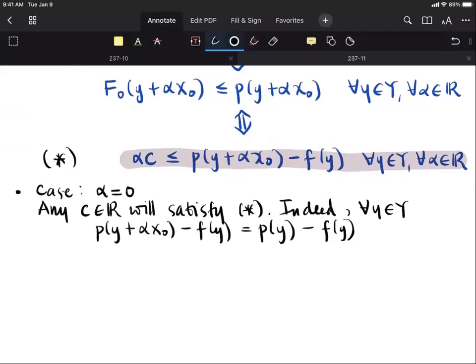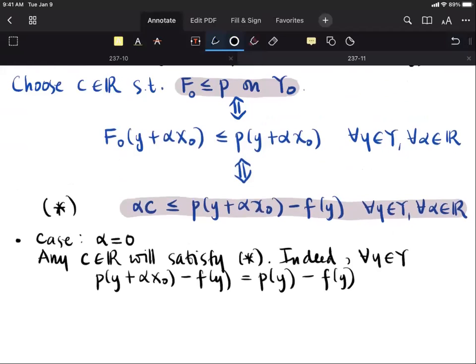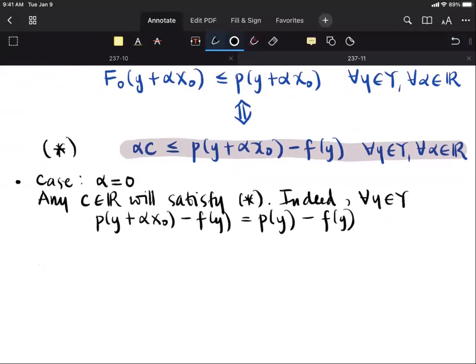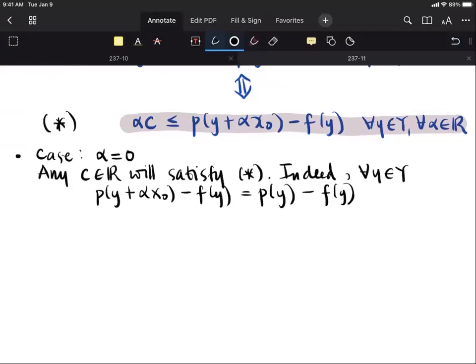Since p is greater or equal to f on Y, this is positive. But this is also alpha times c, since alpha is 0. So here, any c will suffice.